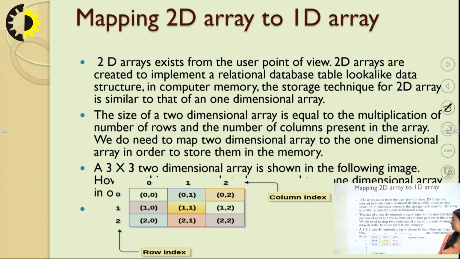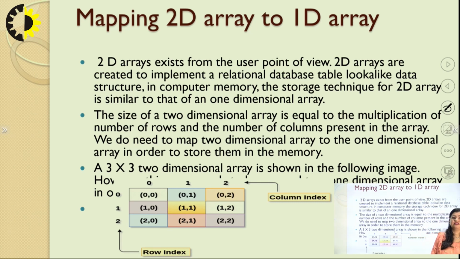In the next slide we will discuss the mapping of 2D and 1D arrays. A 2D array exists from the user's point of view, and we find the row major ordering and column major ordering. 2D arrays are created to implement a relational database table, looking like a data structure in memory.